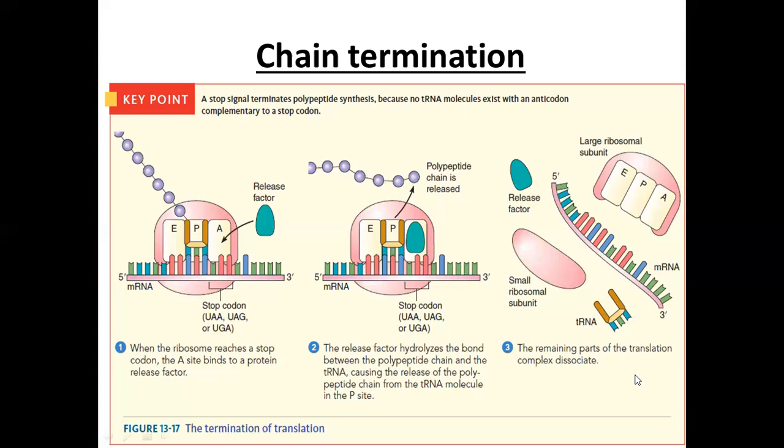And then we have the remaining part of the translation complex that we need to disassociate. So of importance during the chain termination phase are the release factors and the stop codons.